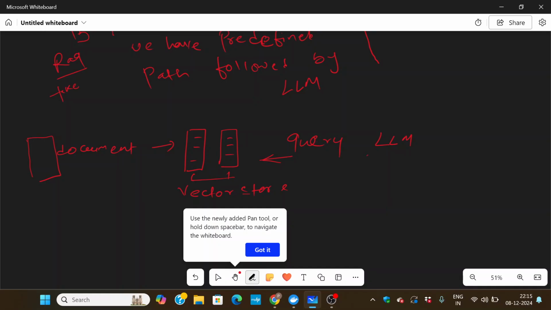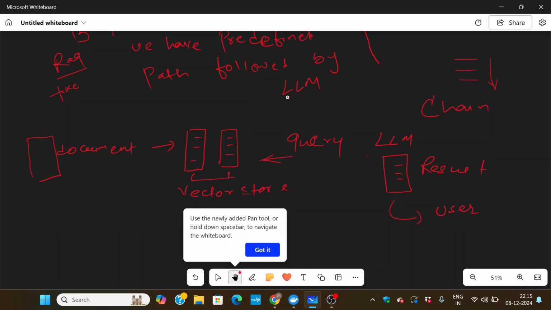After this query, based on the query, it finds the result, and then this result is passed to users. So we will see there is a predefined path we follow in chain.